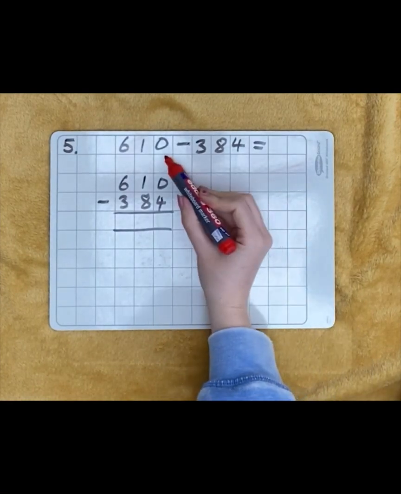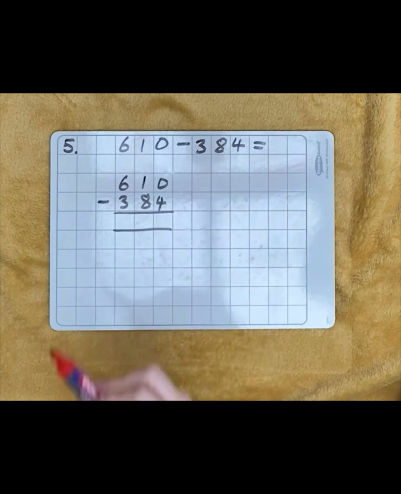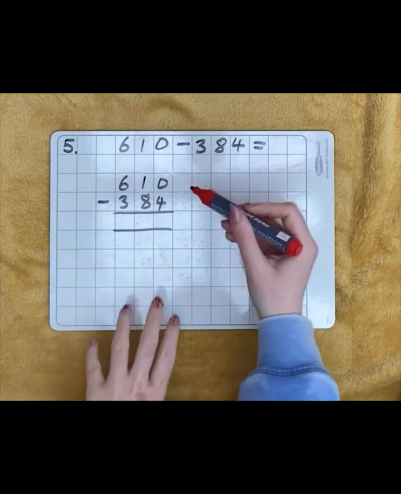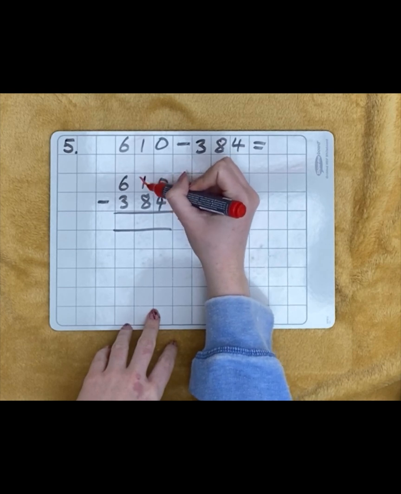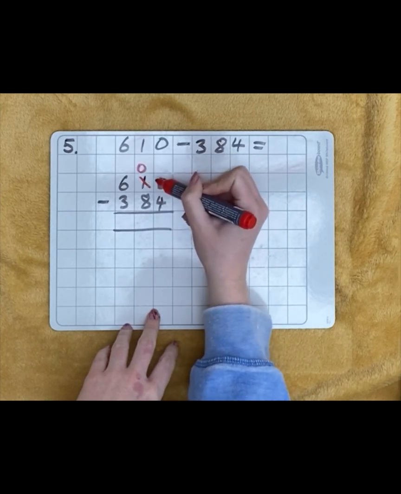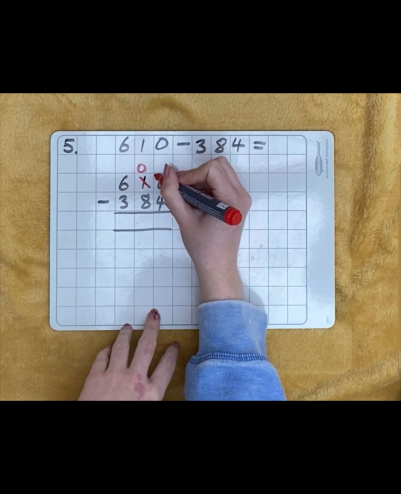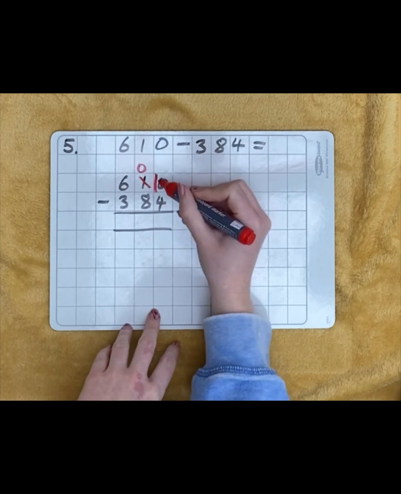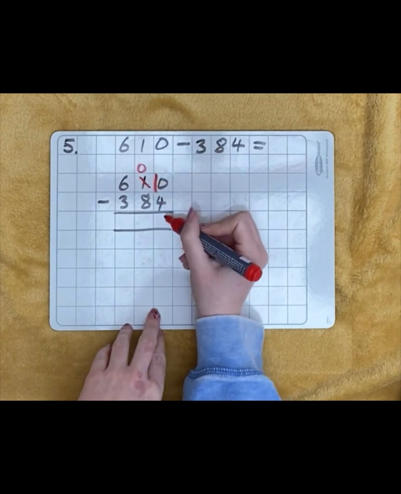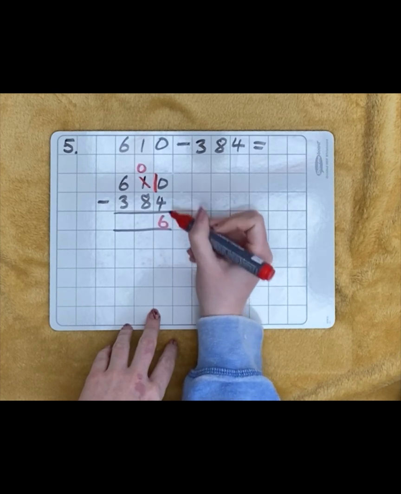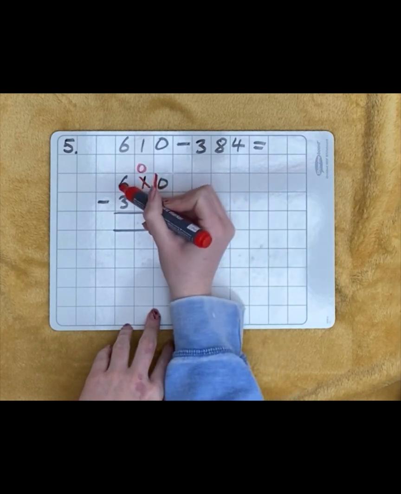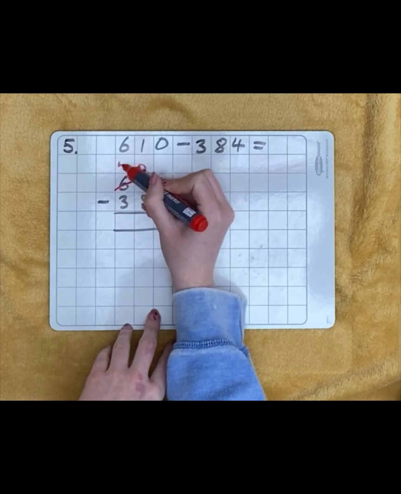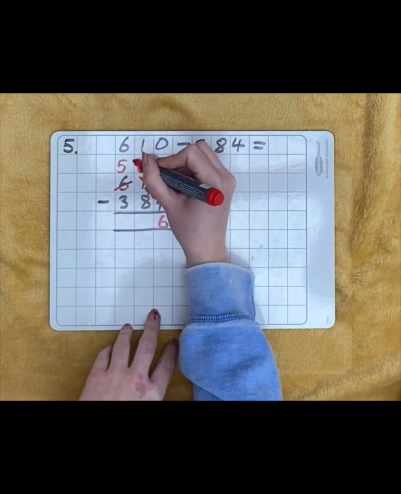So we have 610 minus 384. 0 take away 4. There's not enough, so we need to regroup one of the tens. So we'll have 0 in the tens and put those 10 as ones into the ones place. So now we have 10 minus 4, which we can do. That is 6. Now we have 0 tens minus 8 tens. Right, so we're going to need to regroup. So we'll keep 5 in the hundreds and put one of those hundreds into the tens.